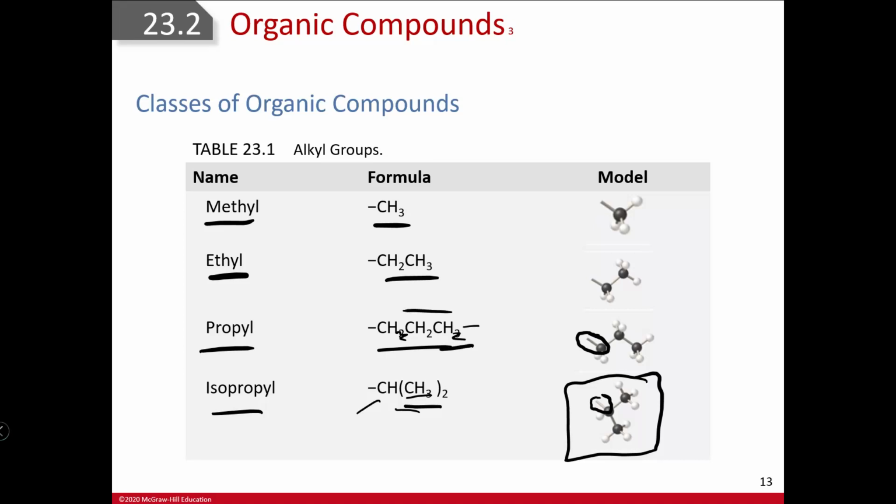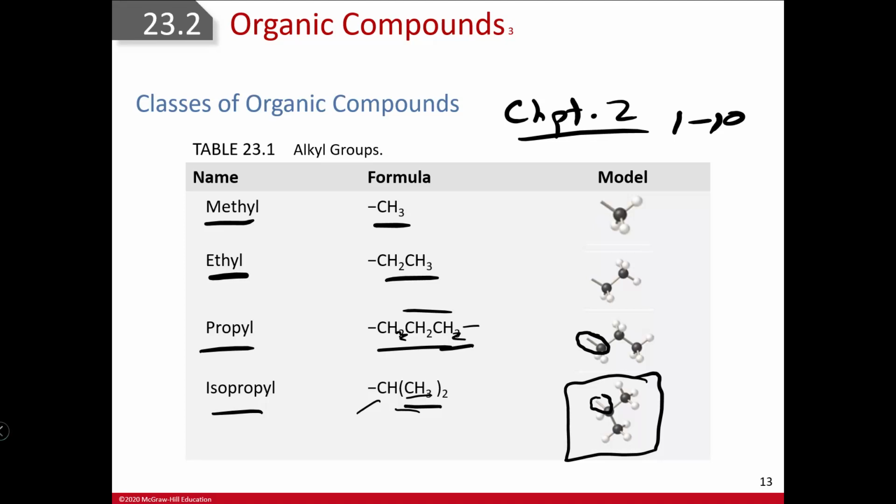And you go, I don't know these names, methyl, ethyl, propyl. That's in chapter 2, so you may want to go back and look at naming in chapter 2, at least the first 10 carbon chain compounds, like it goes methyl, ethyl, propyl, butyl.